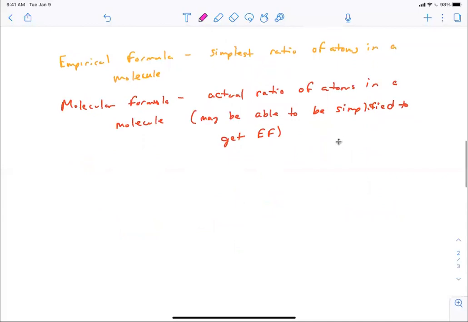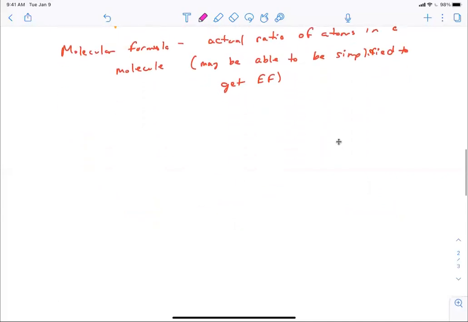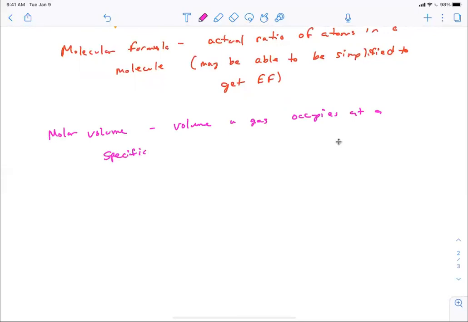Other terms that you are expected to know in this unit. Things like molar volume. So the volume a gas occupies at a specific temperature and pressure.